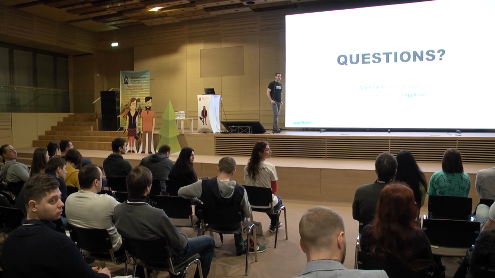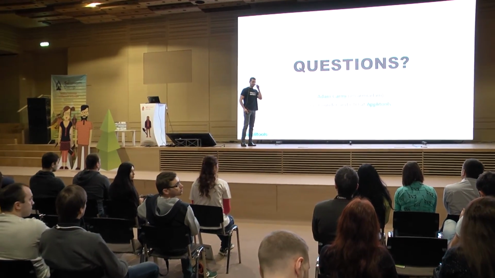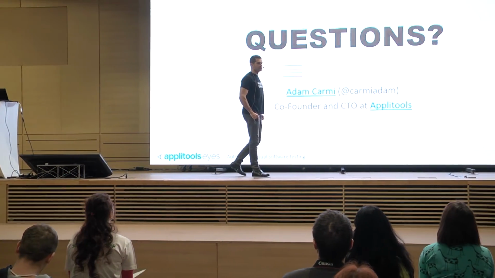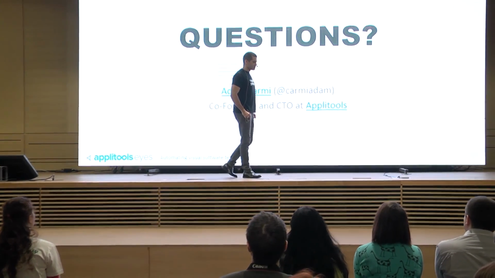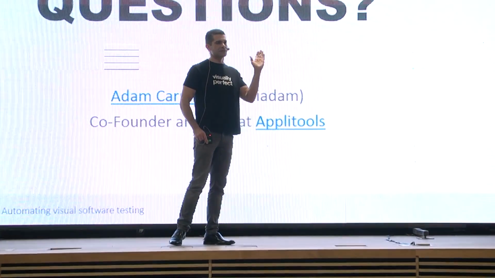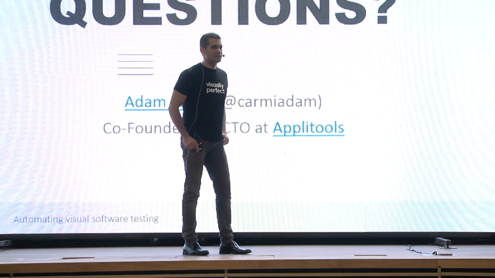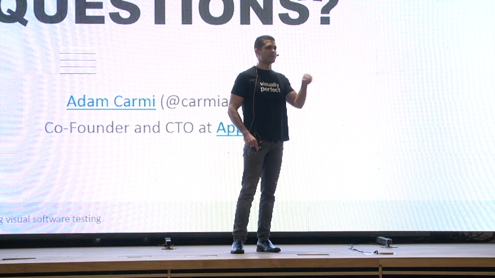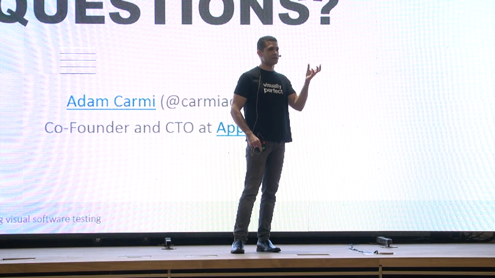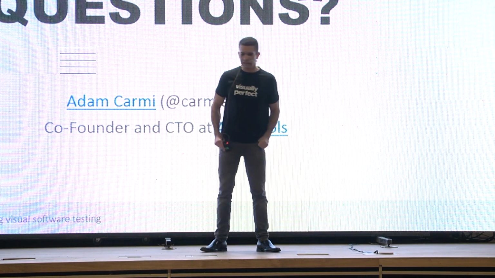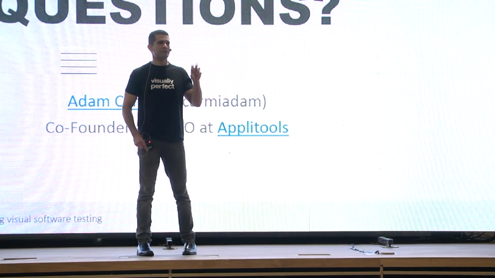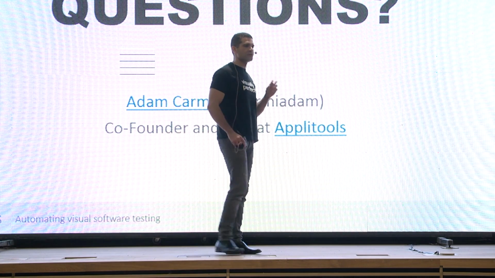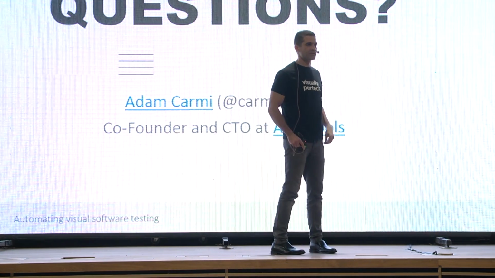I have a question about dynamic elements on the page, how that framework can handle that. Sure. So there are plenty of ways to do that. The first way is that it is possible, on the baseline images, to mark areas to be ignored. It is also possible to mark areas that are moving around and place the bounds where they are allowed to appear. So if they change or appear elsewhere, it breaks the test. It's also possible to focus on specific elements. So if the page is very dynamic, you can also focus on the parts that aren't, and that will work as well.